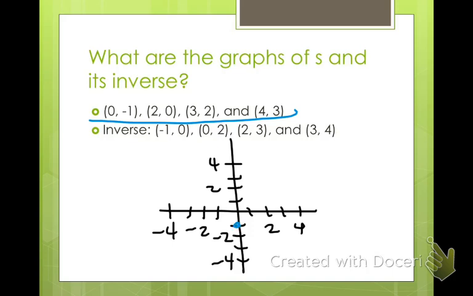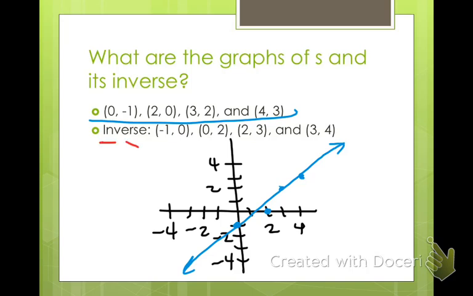So (0, negative 1) is here, (2, 0) is here, (3, 2) is down here, and (4, 3) is here. So this makes kind of a line. Apparently I can't draw very good lines.